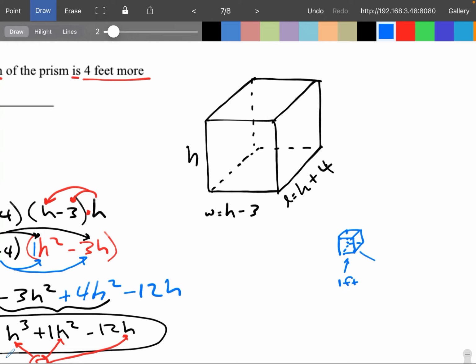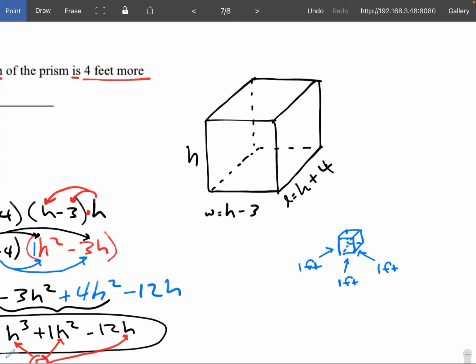The width would be 1 foot. The length would be 1 foot. And the height would be 1 foot. Just getting you guys ready for geometry. So that would be 1 cubic foot if it has dimensions 1 by 1 by 1.